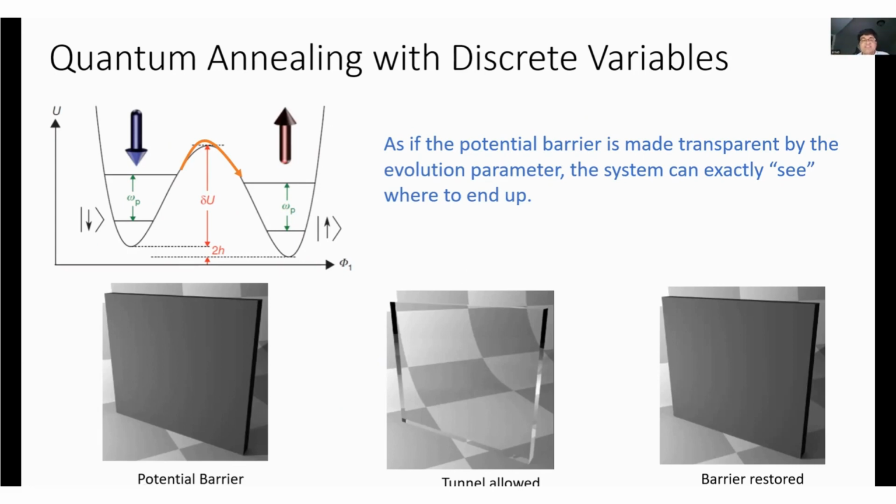And then again, you will restore the barrier. But what has happened is that, since for a very small amount of time you have allowed the barrier to go transparent, the entire energy landscape became transparent, which means that the system can just flow and know exactly where to end up, where the global ground state is.